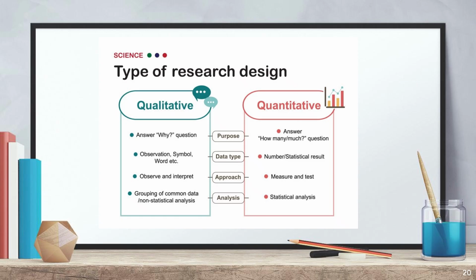In qualitative, we are grouping certain data, certain phrases, certain words. We're not using a statistical analysis, whereas on the quantitative side, we are. So qualitative is more researcher involved. Quantitative, you're crunching numbers.